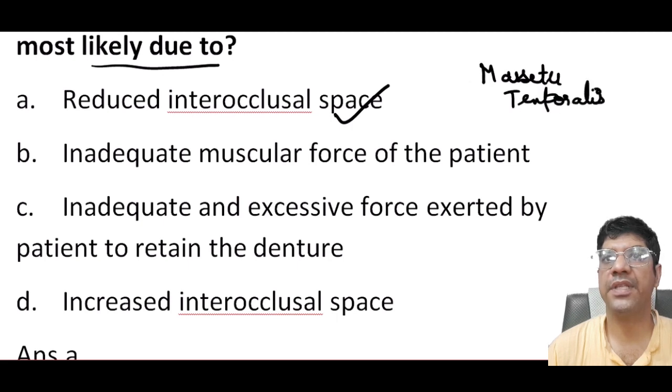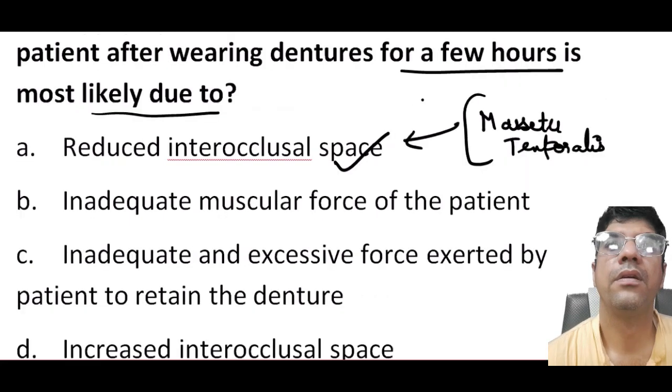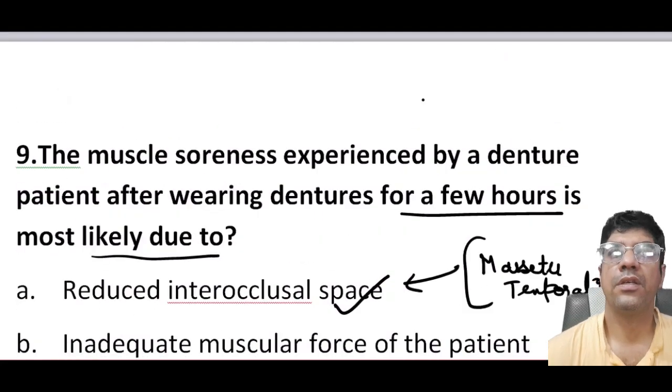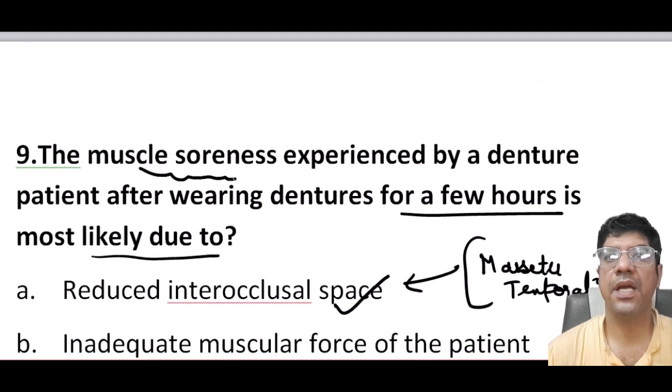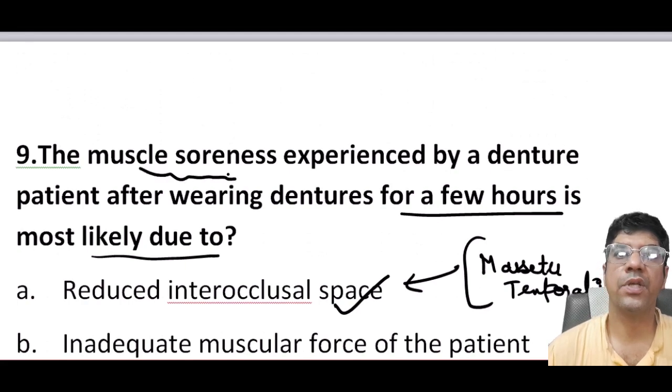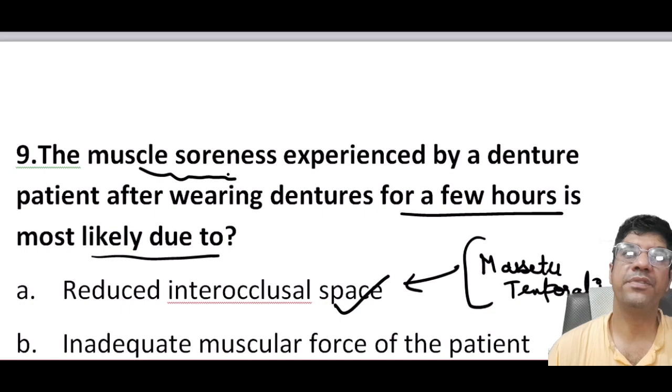These muscles can become fatigued and may show soreness and discomfort. The reduced space forces the muscles to maintain the mandible in an unnaturally elevated position, leading to muscle fatigue, soreness and discomfort.